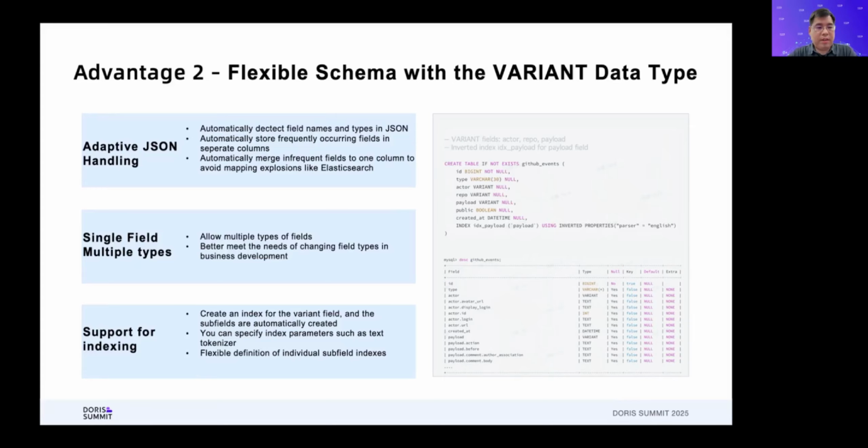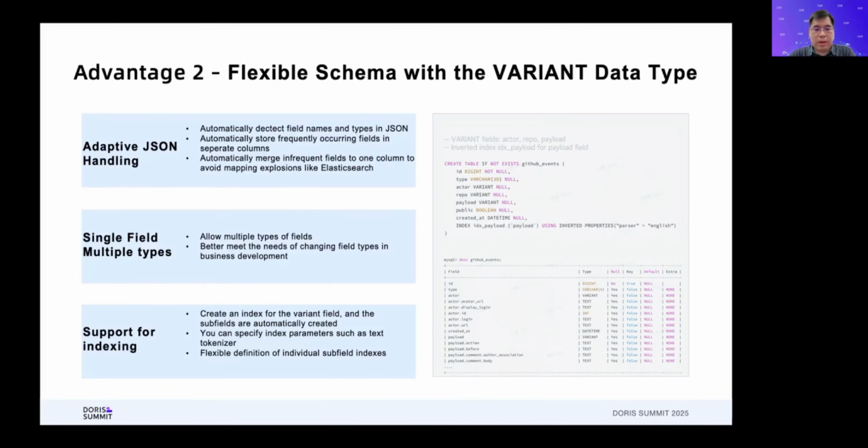The second benefit is single field, multiple types. In JSON data, for one single field, for example ID, the data type may change over time. For example, the ID is an integer at first, and then it changes to a string.